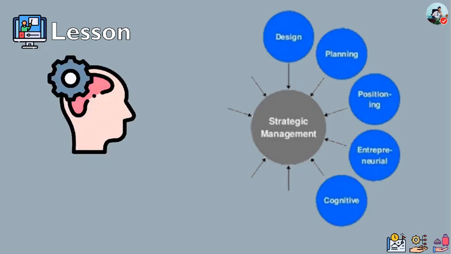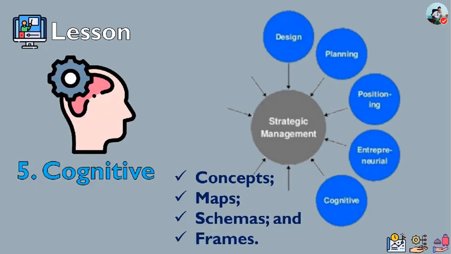And then the last school of thoughts is called the cognitive. When you say cognitive, it is on the intellectual capacity of the leader or a manager. So the cognitive school is the fifth one, the last school of thoughts that we are going to discuss for this module.